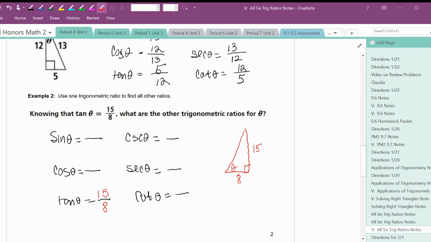So the first one we could probably get is the cotangent ratio, because we would just flip these two, take the reciprocal. But what we need is the hypotenuse to get any of these other ratios. So we know this hypotenuse is going to be the square root of 8 squared plus 15 squared.